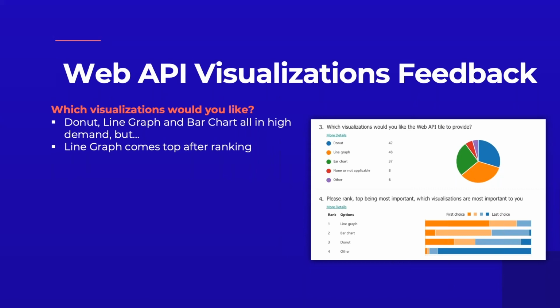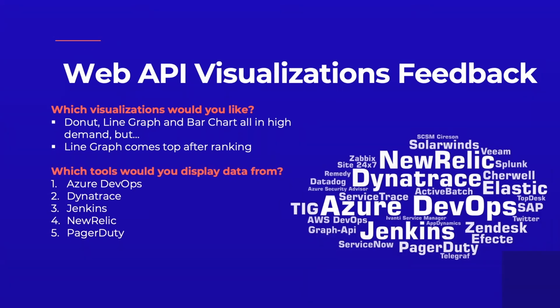The other interesting thing we wanted to learn in this survey about Web API visualizations is what tools do you want to display data from? And Azure DevOps was a clear winner. I think we had about 30 responses specifically on Azure DevOps, with other big monitoring tools like Dynatrace and New Relic coming in within the sort of handful, maybe a dozen or so.